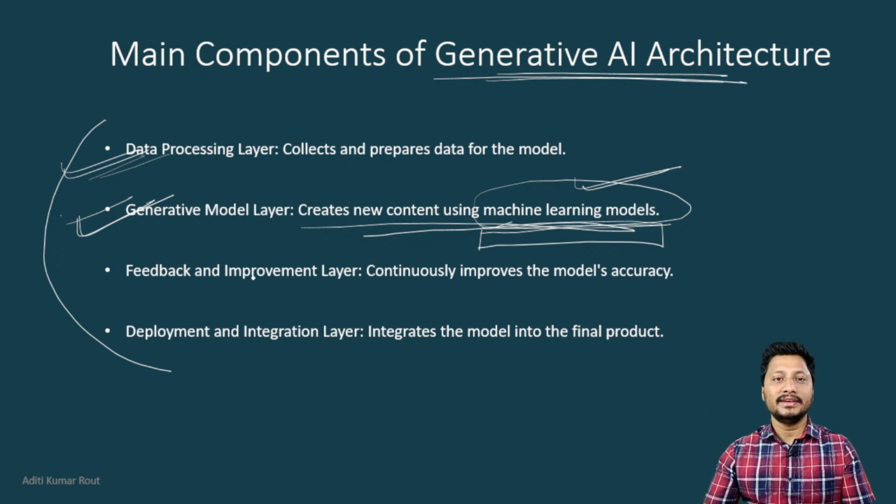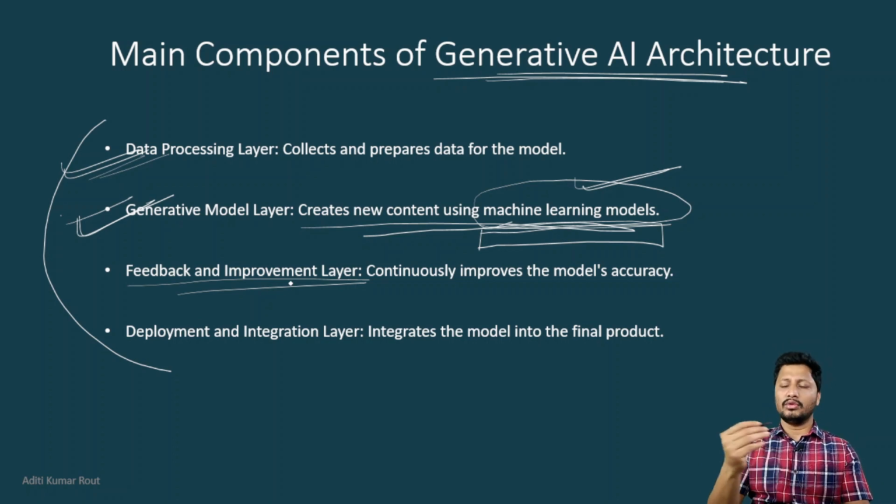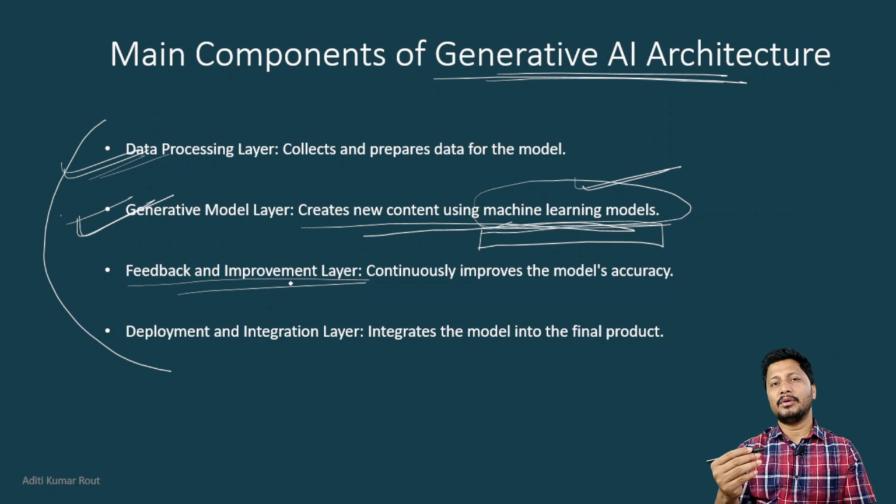The third point here is the feedback and improvement layer. Whatever model we are building, we are definitely looking at its performance, right? How it is performing with respect to our expectation, or how it should be.